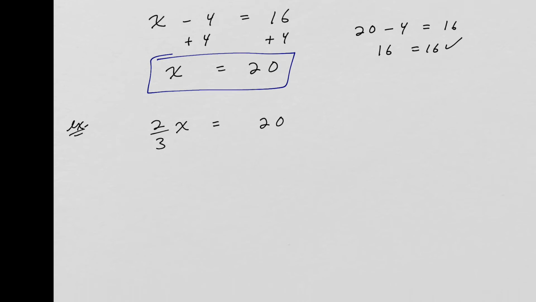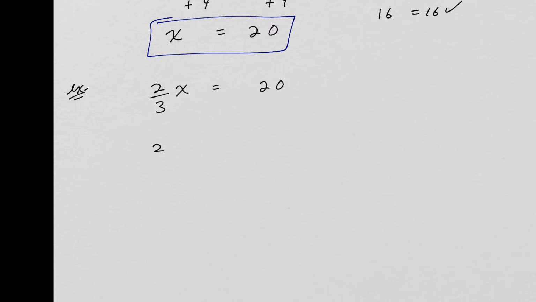So the way that you can do that is you can multiply both sides by the reciprocal of 2/3. So if I multiply by 3/2, right, the reciprocal, but whatever I do to one side, I have to do to the other side. Why does that work? Because if I multiply 3/2 times 2/3, that just gives me 1x, which is x.